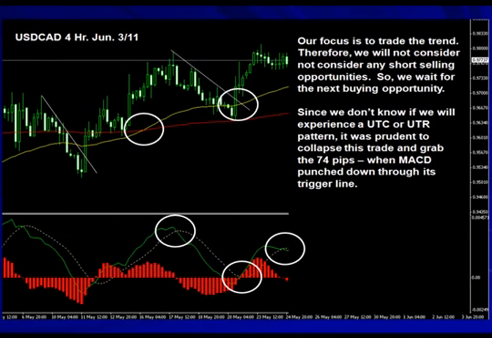My focus during this presentation is to talk to you about trading the dips in the uptrend with the USD CAD pair, 4-hour chart here. And so I'm not going to talk about short selling opportunities. If you're a seasoned trader, you'll see those for yourself. As I said before, not knowing whether this was going to be an uptrend reversal or uptrend continuation pattern, we let MACD take us out of this particular trade that we took back here for a profit of 74 pips.